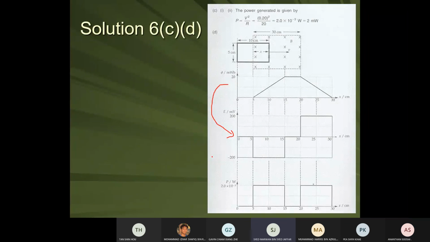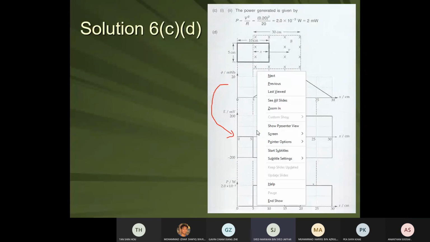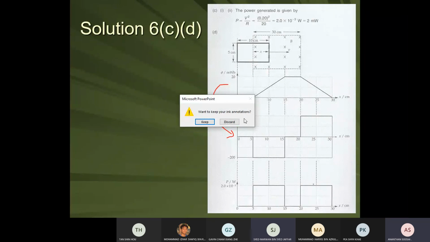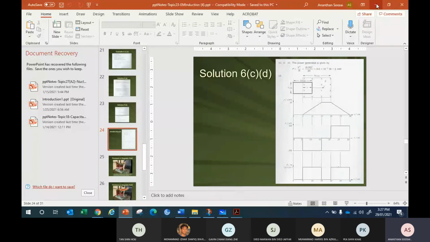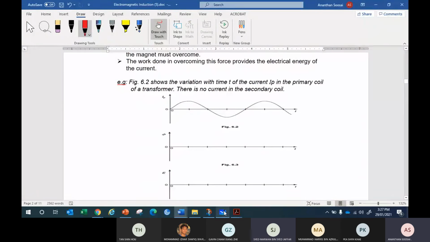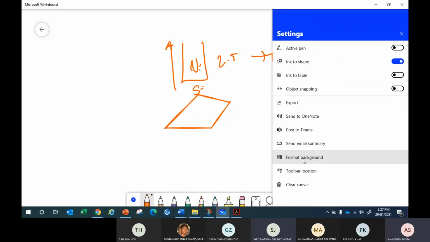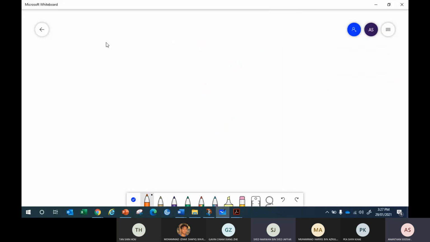Okay, just another 1 minute, then we stop here. EMF is negative d psi over dt, analogous to acceleration dv/dt.